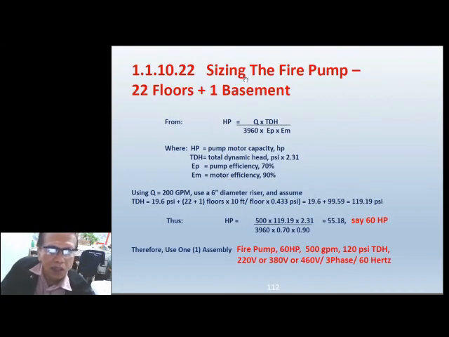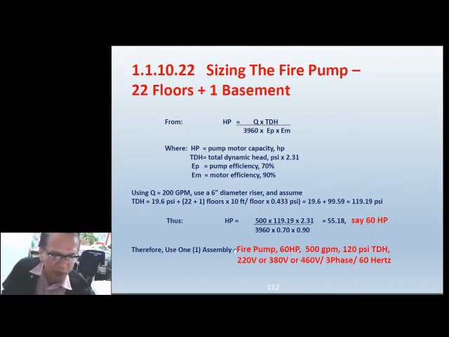Another example, sizing the fire pump for a 22-story building plus 1 basement. Remember, this is just an example. So 500 GPM, the farthest sprinkler, and here the total dynamic head is 119 times 2.31, the constant value, divided by 3960, divided by 0.7, divided by 0.9, gives you 55.18 horsepower, or the next standard size, 60 horsepower.